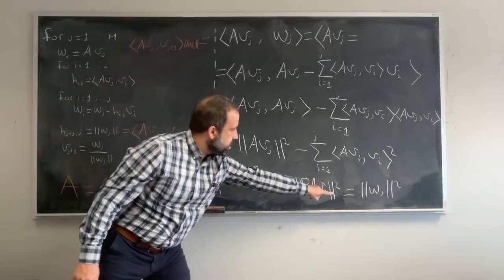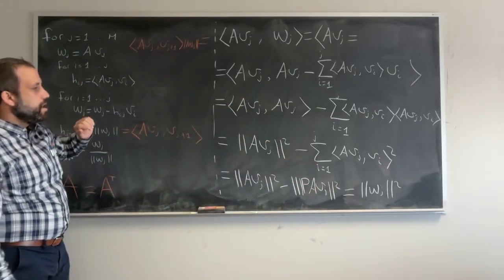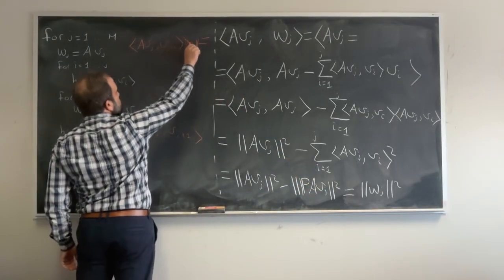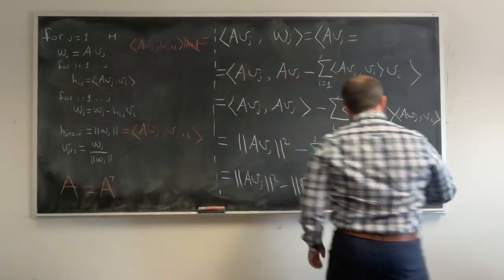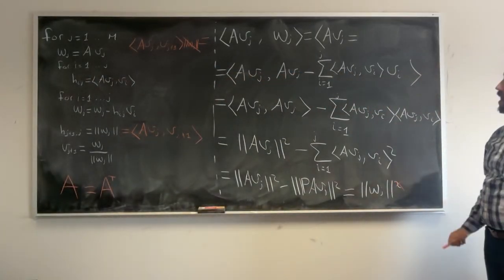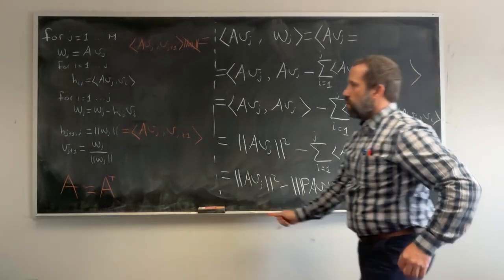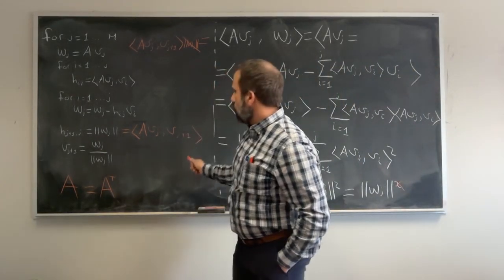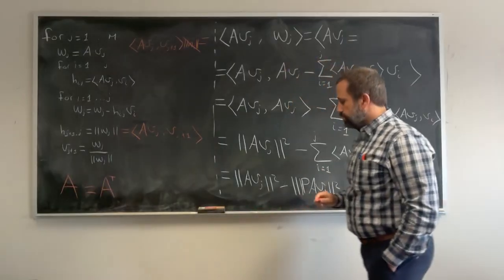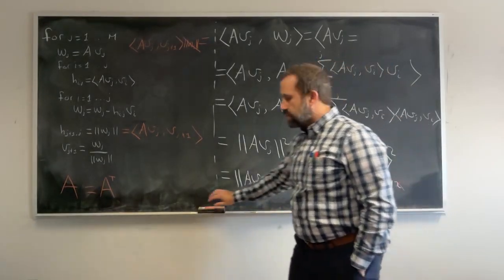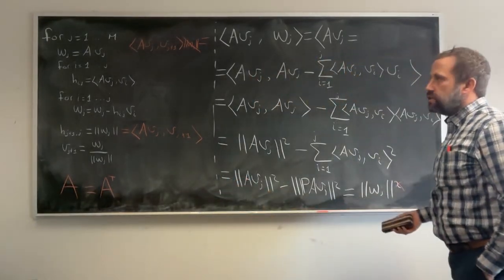So if you divide this whole equality by the norm of WJ, that goes away, and this is just a 1. And so what you have is AVJ VJ plus 1 is equal to WJ. So in other words, this is an alternative way to write that formula there. Okay, and that is going to be something that comes into play as we analyze what's happening here.